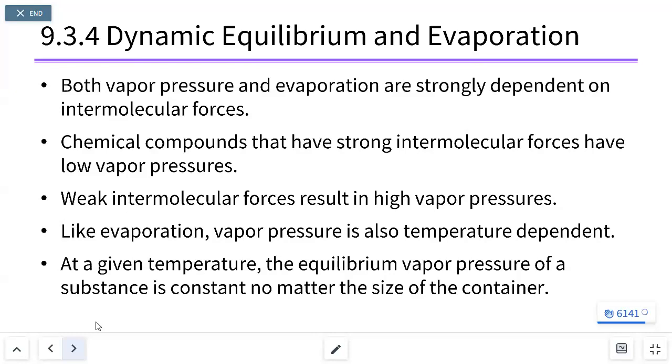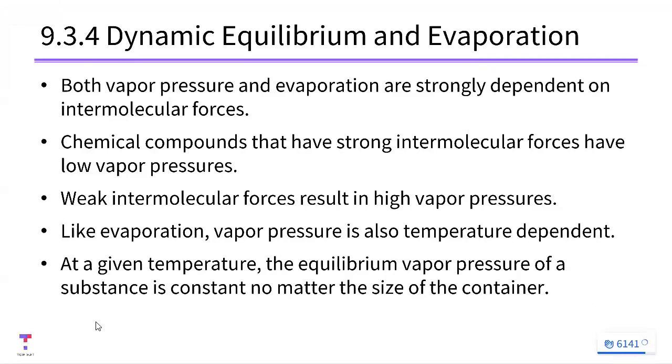Now, here's where the relationship to intermolecular forces comes in. If we have a high amount of intermolecular force, so we look at the molecule, we see, okay, it's got a lot of intermolecular forces. Its liquid phase is going to be pretty pronounced, pretty strong.